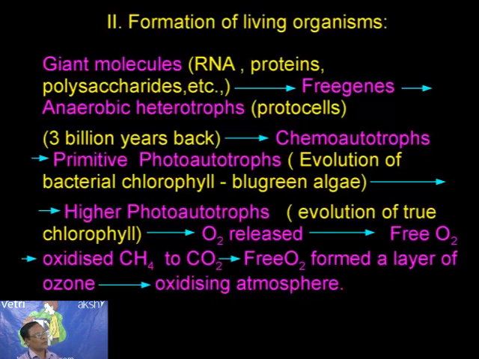From these structures we have the formation of the free genes. And the free genes get surrounded by a membrane to form the first protocell, or the first living cell, which we call an anaerobic heterotroph. So the first formed living cell, the protocell, is nothing but an anaerobic heterotroph.